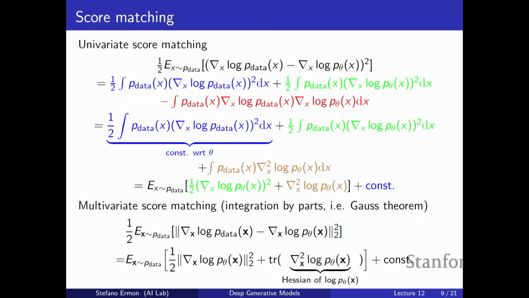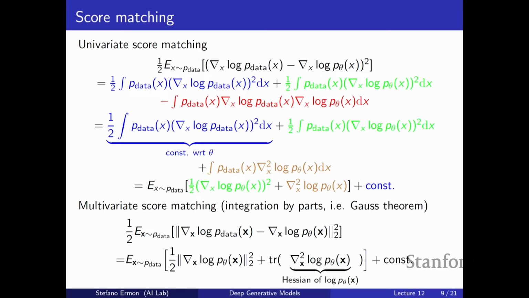So when x is a vector and you really have gradients, you can use the same kind of trick, and you derive something very similar, where instead of looking at the square of the derivative, you have the L2 norm of the gradient. And instead of having just the second derivative of the log likelihood, you have the trace of the Hessian of the log probability. So again, you have to look at second order derivatives, but things become a little bit more complicated when you have the vector valued function.